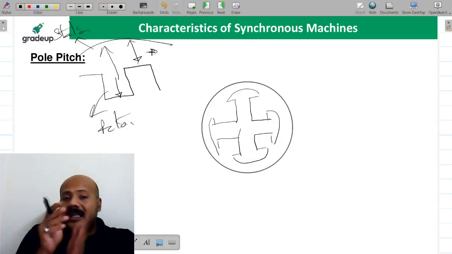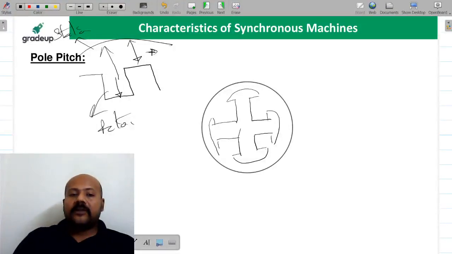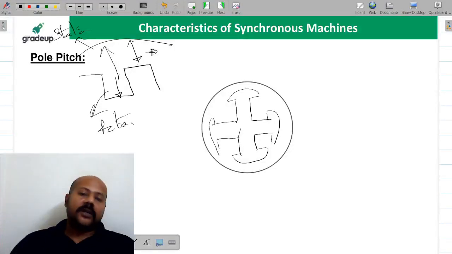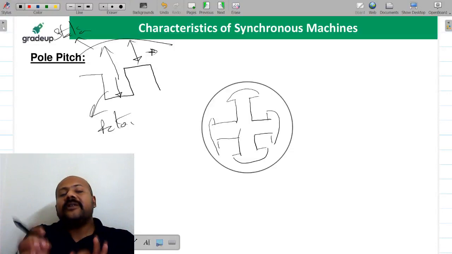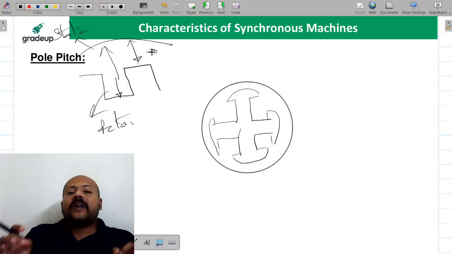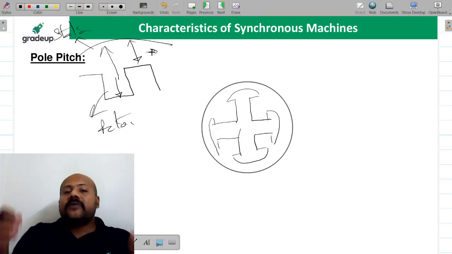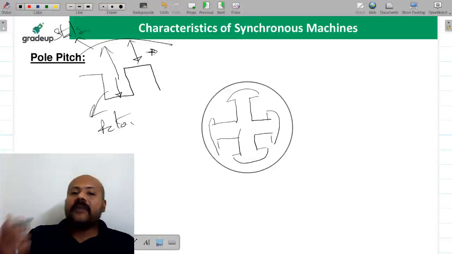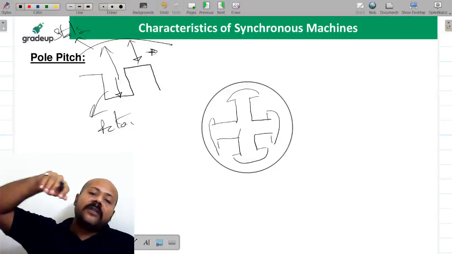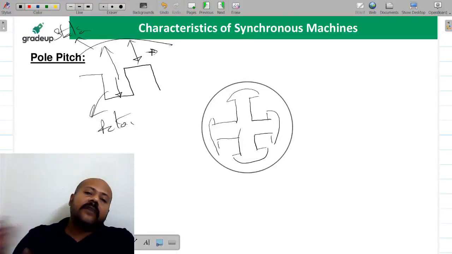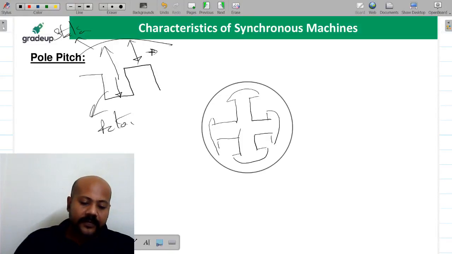Because of this unequal air gap, because of the slots or the teeth, you are having slot or tooth harmonics. This slot and tooth harmonics is a part of space harmonics. So you can say space harmonic is related to the non-uniformity in terms of spatial distribution. But time harmonics is when you have harmonics in the generated EMF, that we are calling time harmonics.